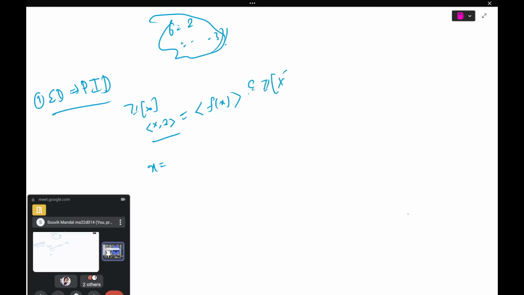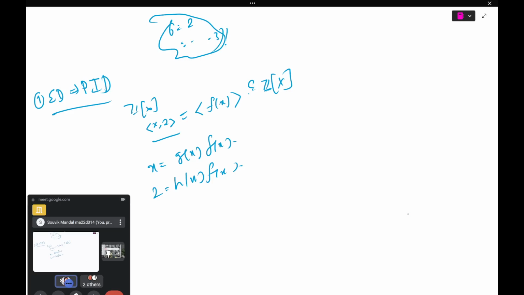Everything is inside ℤ[x]. So write x equal to g(x) times f(x). Then 2 is also some h(x) times f(x).